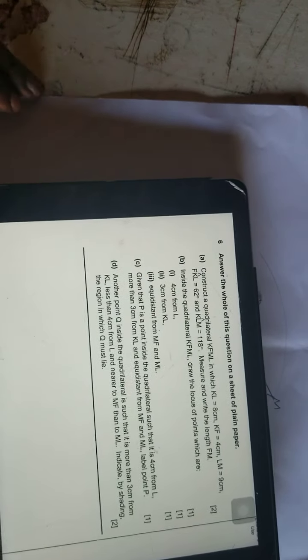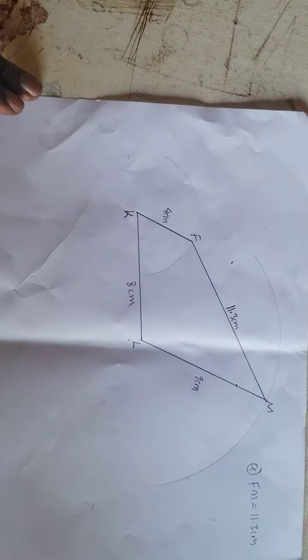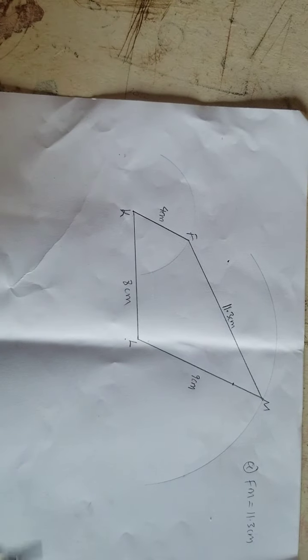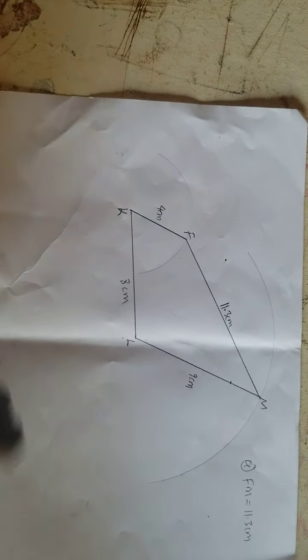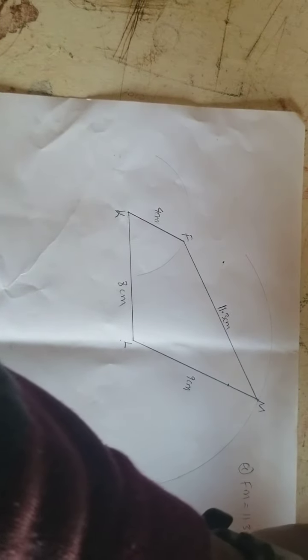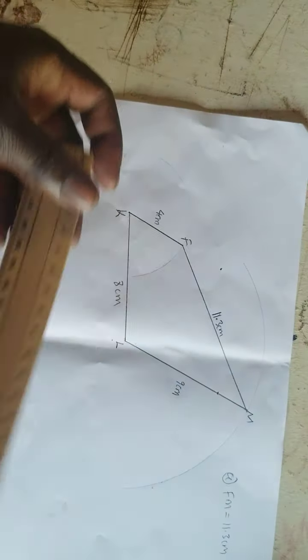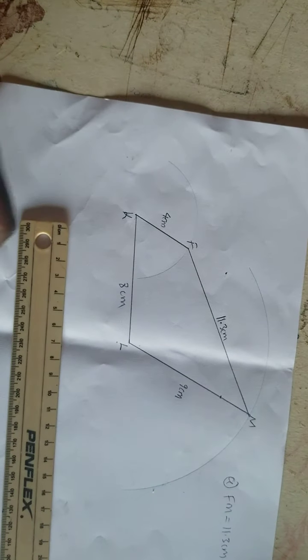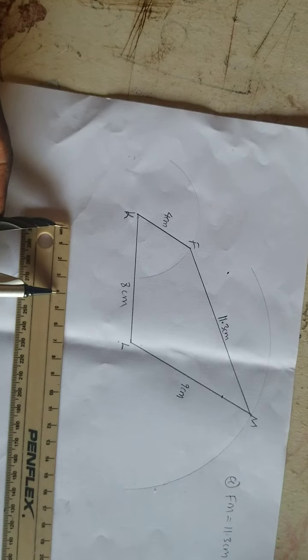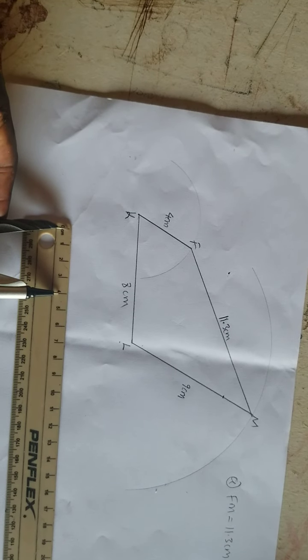Next, we are talking about number B. Inside the quadrilateral KFML, draw the locus of points which are 4 centimeters from L. Now, this type of equidistance, 4 centimeters from L. So, first of all, we are going to correct 4 centimeters like this. Okay.